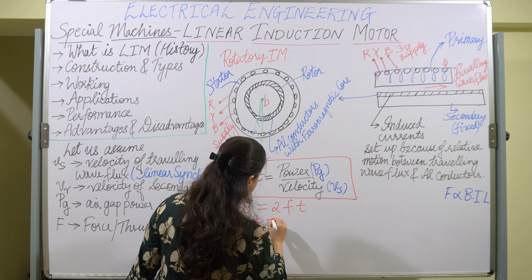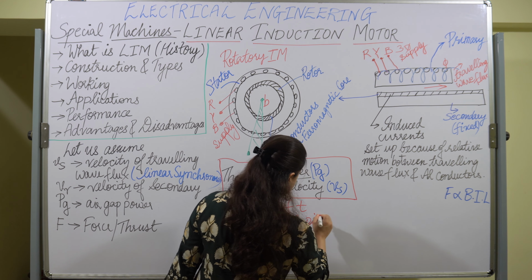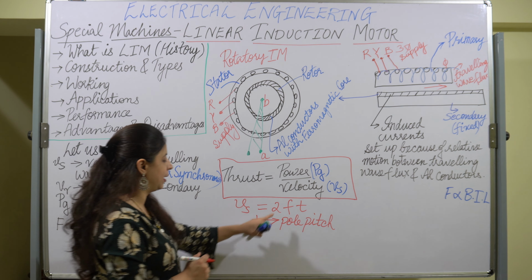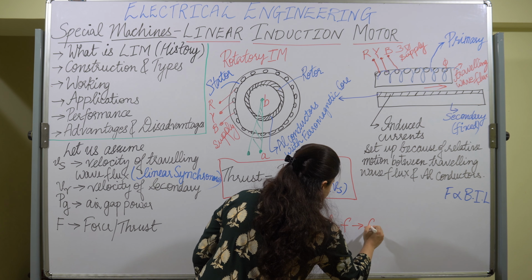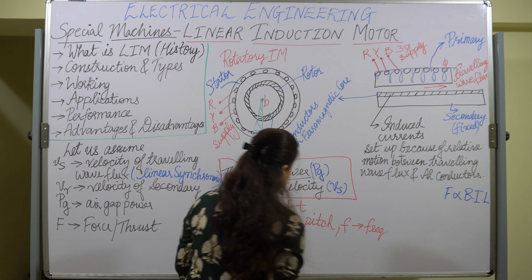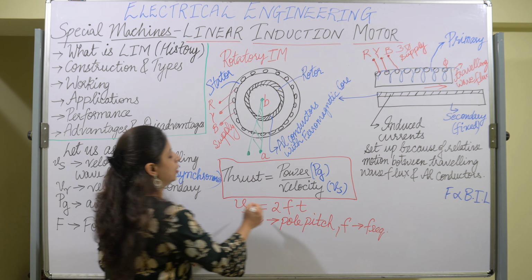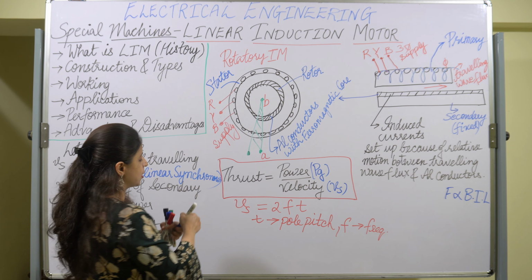It is depending upon the pole width, or you can say pole pitch, and it is depending upon the frequency. f, everybody knows, it is the frequency. So my formula for Vs is 2fτ. It is also important from the numericals point of view.